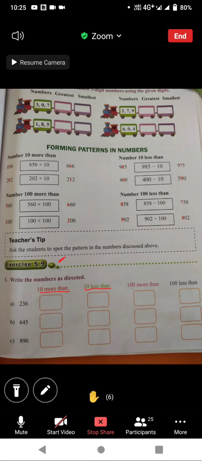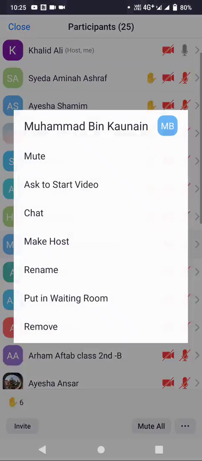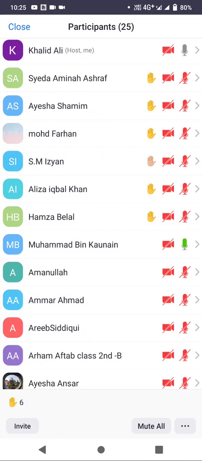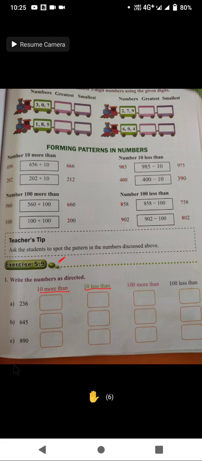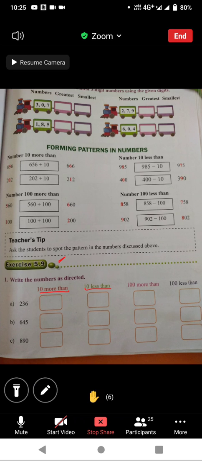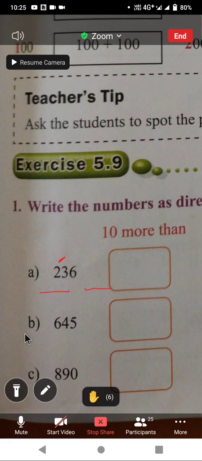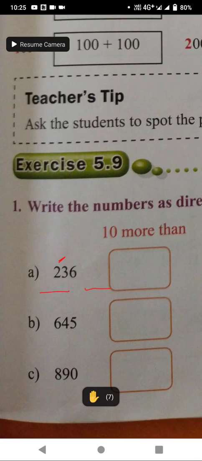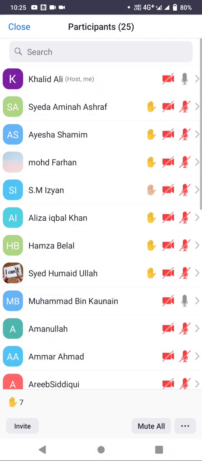Can you tell me the first part? What is 10 more than 236? 246. Very good.